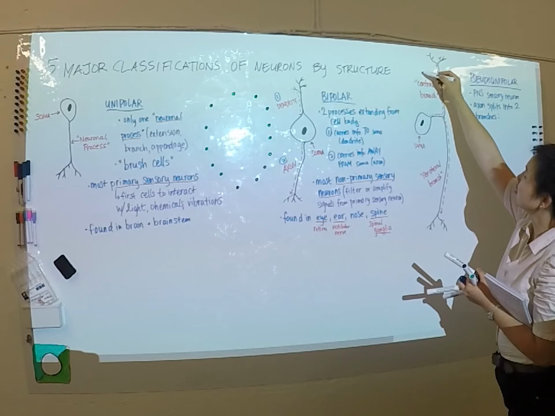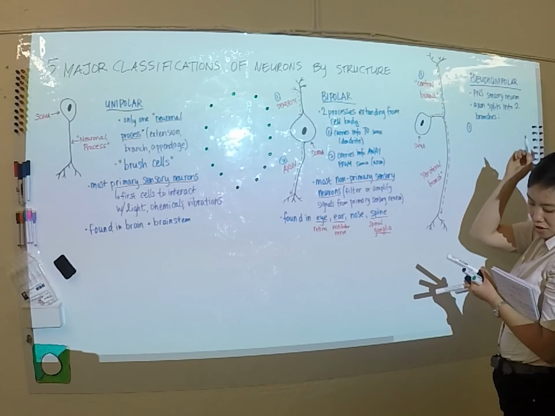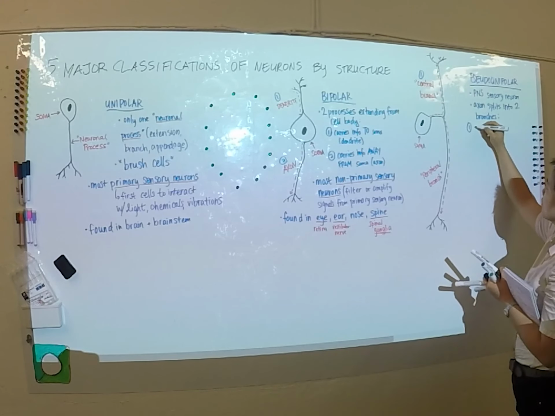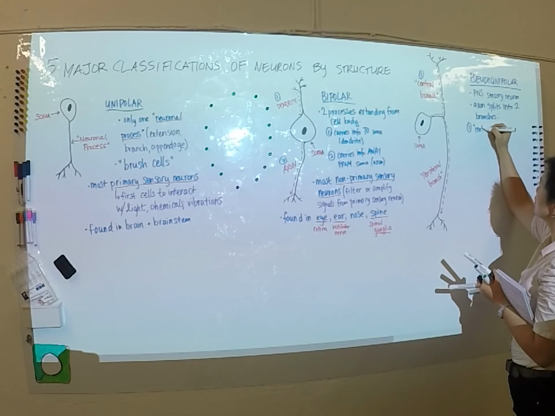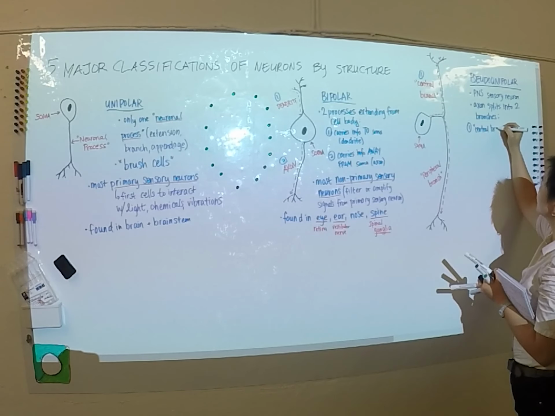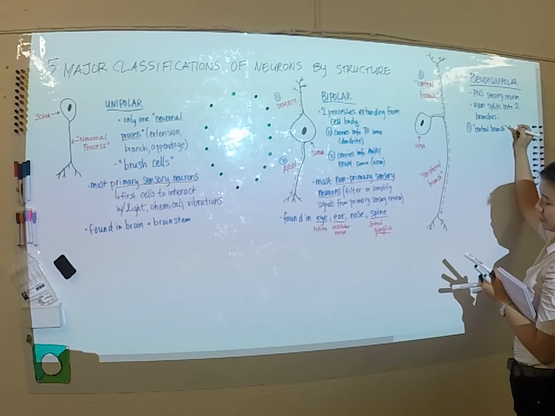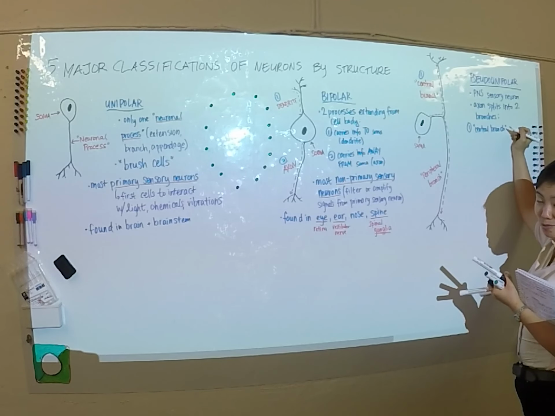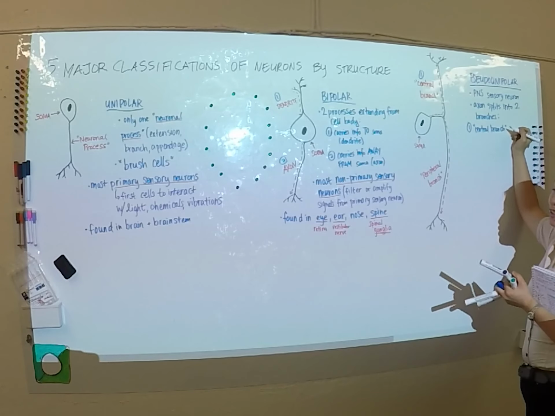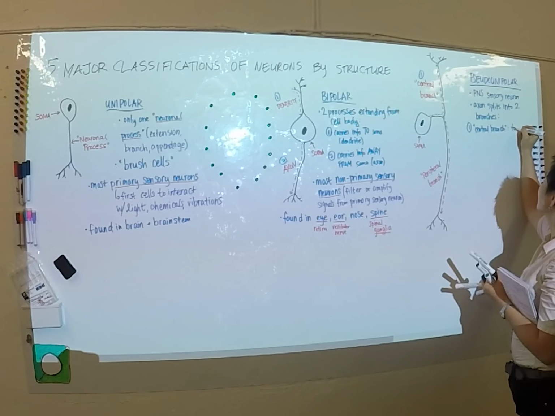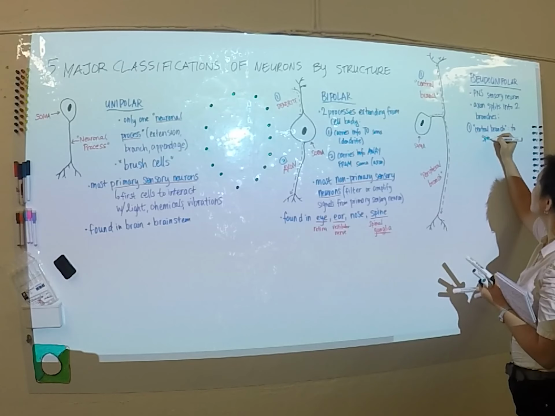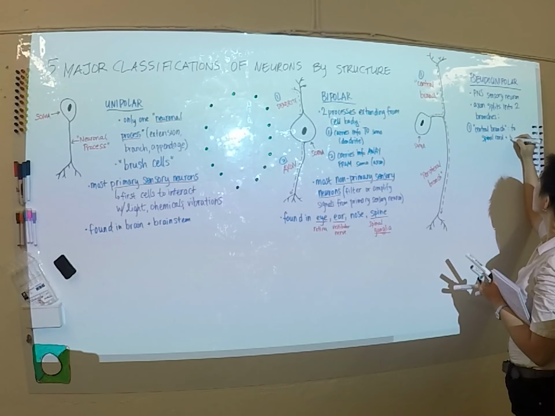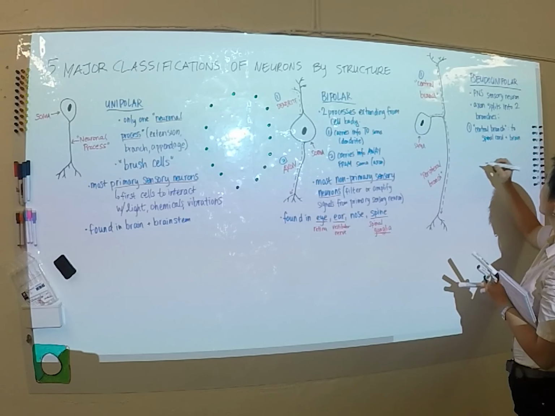The central branch, that one goes to the spinal cord and to the brain. So it goes to the central nervous system, to spinal cord plus brain.